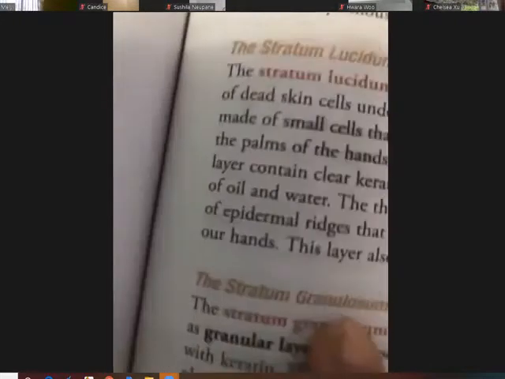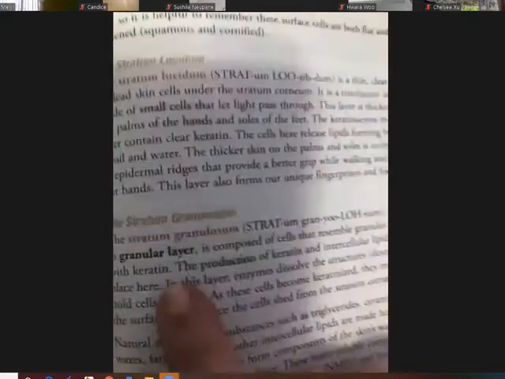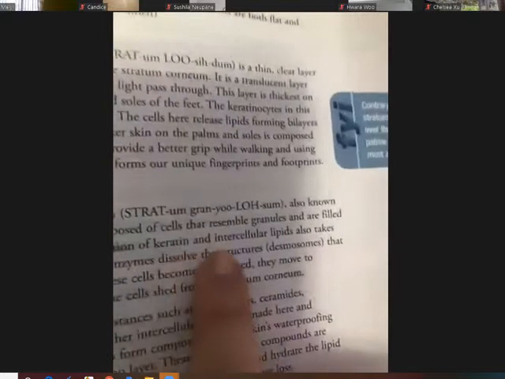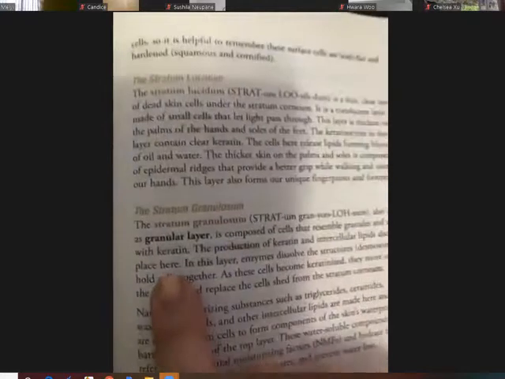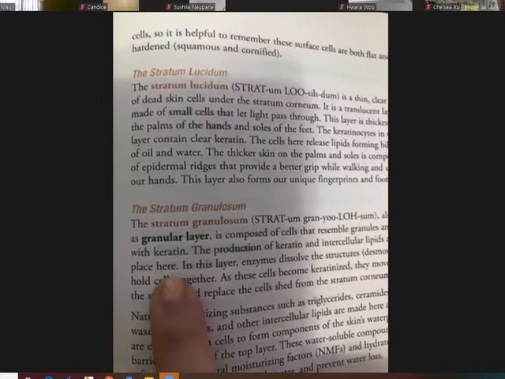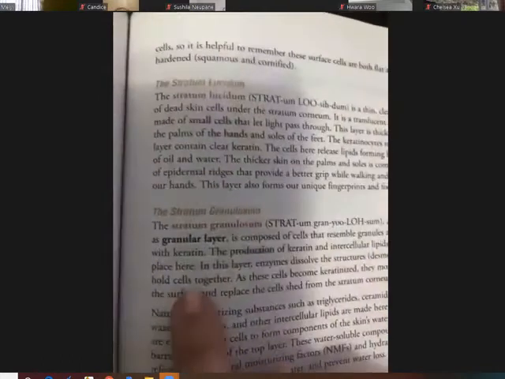That's why it's called stratum granulosum. Now, the production of keratin and intercellular lipids also take place here. This layer's enzymes dissolve the structure, the desmosomes, that holds the cells together.